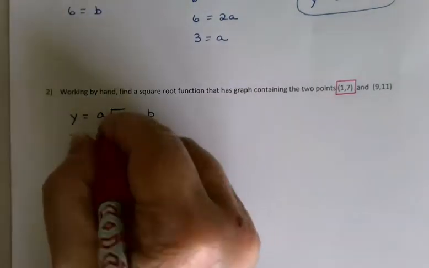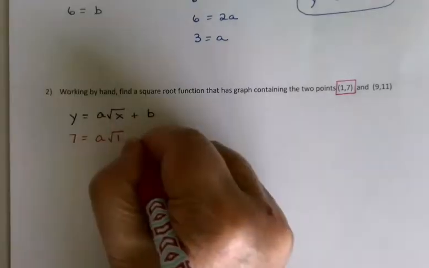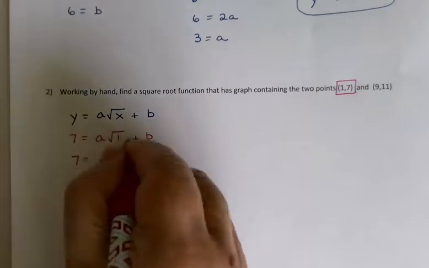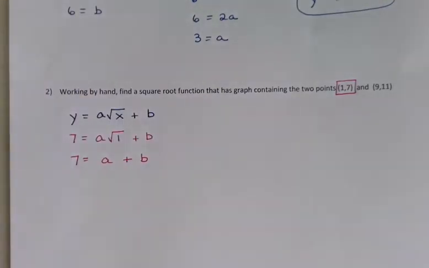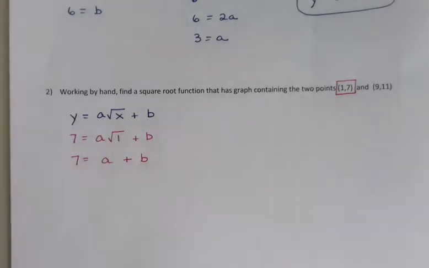So 7 equals a times the square root of 1 plus b. A times 1 is just a. So I have 7 equals a plus b. It's useful information, but it doesn't yet allow me to solve for either a or b.